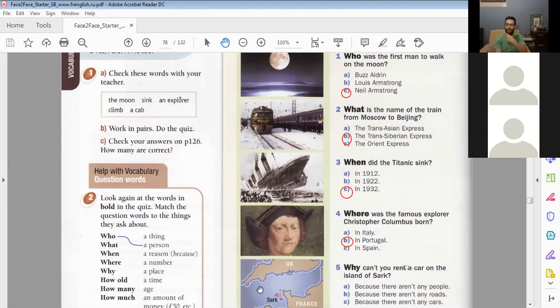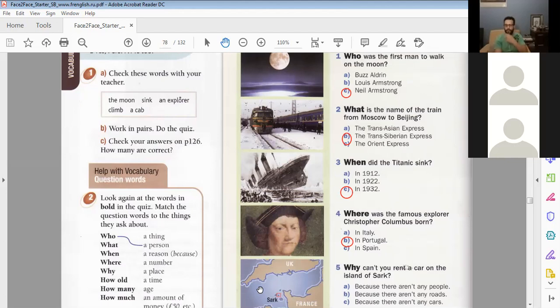Okay? So can you read the question again and then read the options? Where can't you rent a car on the island of Sark?